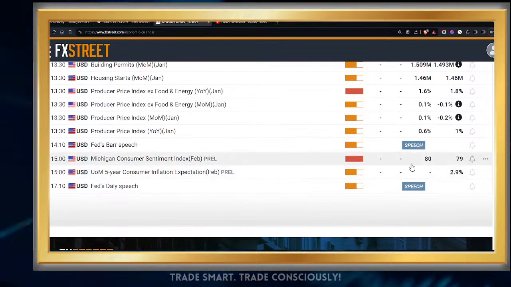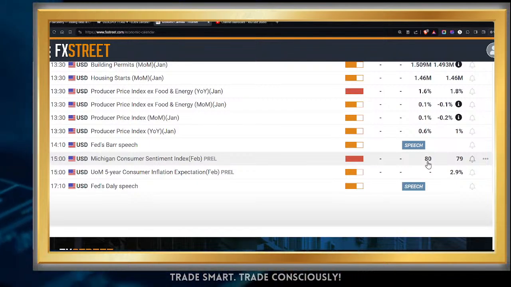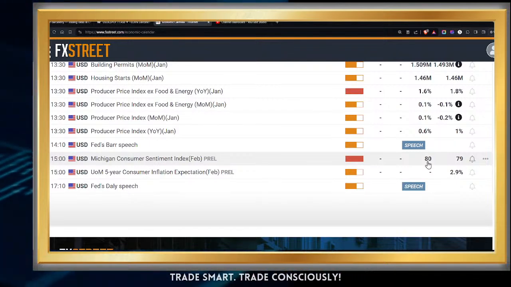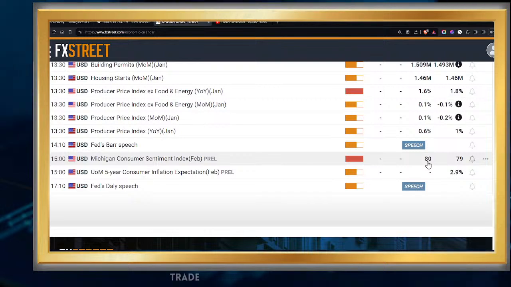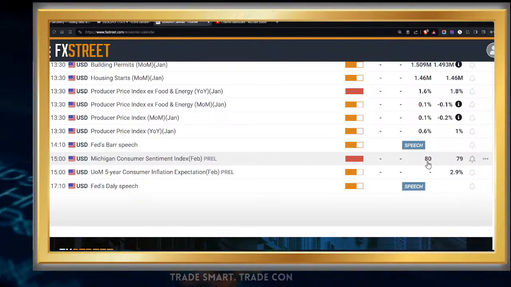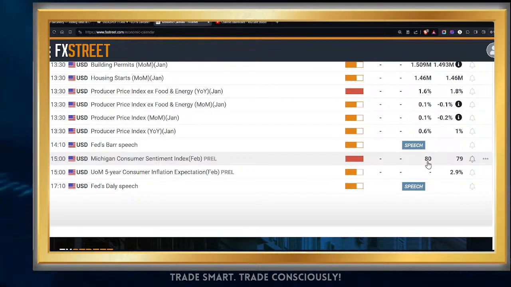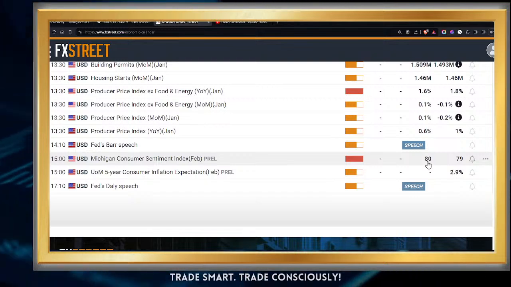Now, the previous data came in at 79 for the month of January, and based on what is on ground right now, economists are projecting 80 for the month of February. So it's a little bit higher than the previous month. So it shows that there are some signs of confidence in the US economy from consumers. So let's see what the actual data will be. Will it be just as expected, below expectations, or even beyond expectations?